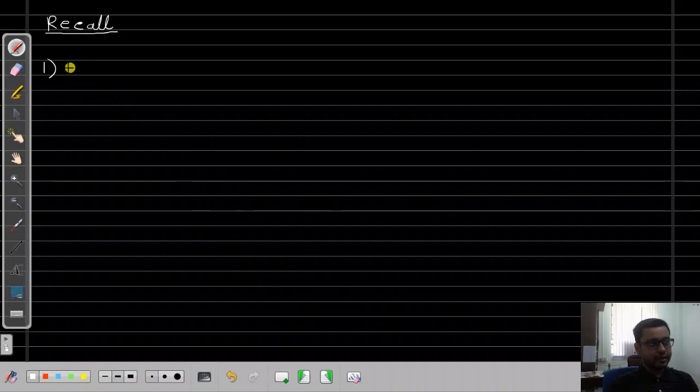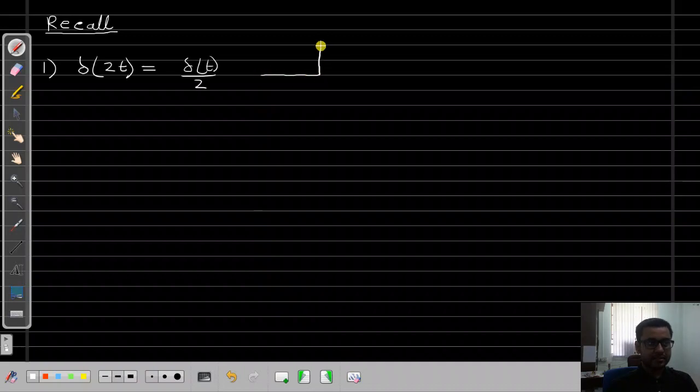Number one, I can say that delta of 2t was equal to delta t divided by 2, because delta 2t is like, if I first draw delta t, if this is delta t zoomed in, then delta 2t is a narrower, squeezed version.